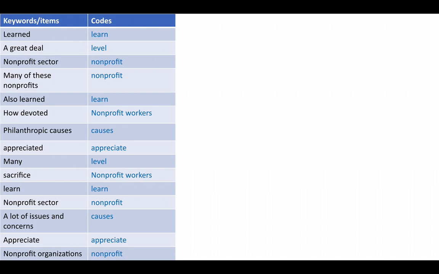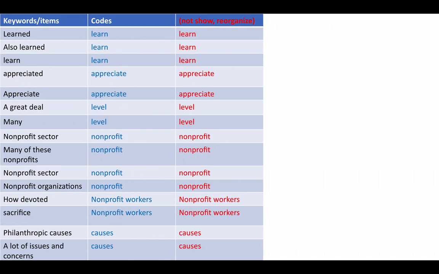So here's actually the reorganized process. If you put all the same or similar codes together, then you automatically change the order as well. So let's compare this, right?